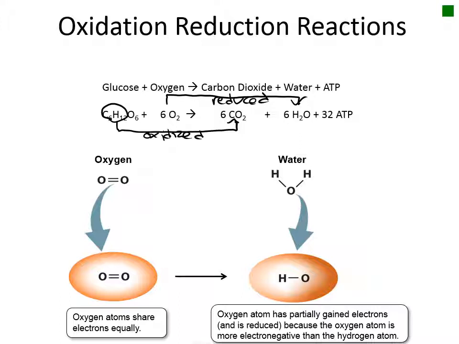Again, notice the presence of hydrogen in water and its absence in oxygen. Because it gains electrons, the oxygen atom is the electron acceptor, and the glucose is the electron donor. Because oxygen accepted the electrons, allowing glucose to be oxidized, it is called the oxidizing agent, while glucose is considered the reducing agent.